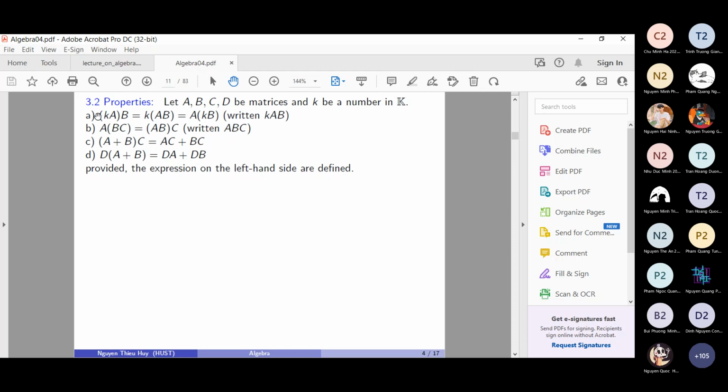Of course, all four of these properties are true, provided that the expressions on the left-hand side are defined. When one side is defined, the other side is also defined, and they are the same.